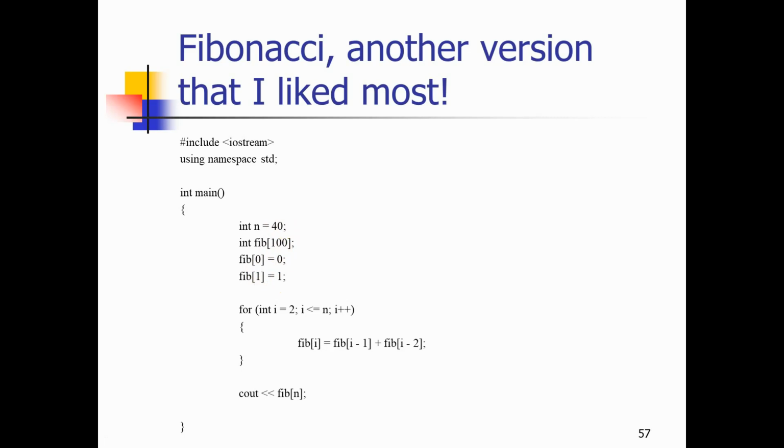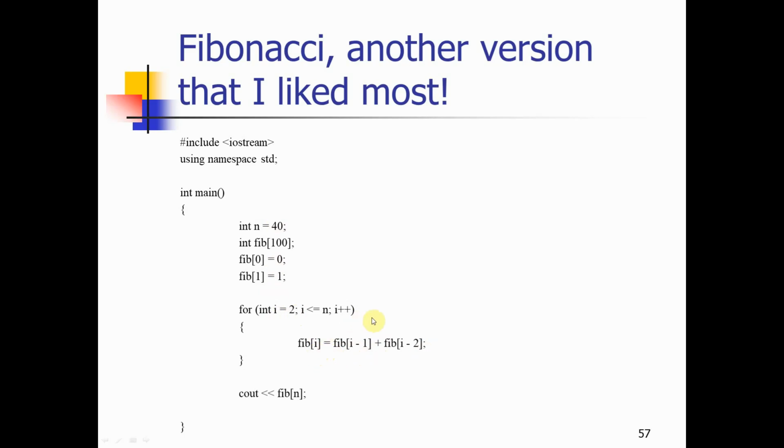And then what's the difference between this code and the previous code is that I don't actually need to have three variables to help me shift and swap all the values. I use an array to keep track of all of the Fibonacci values. So you can see what's happening over here is that starting from the index i of 2, I simply sum the previous two values together and put that into my array.